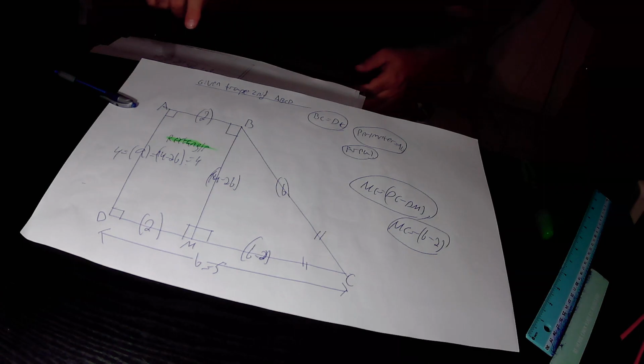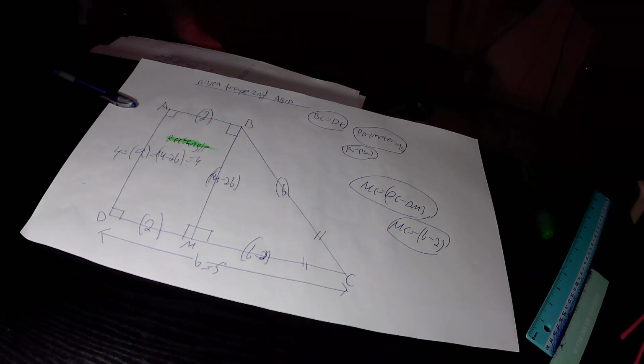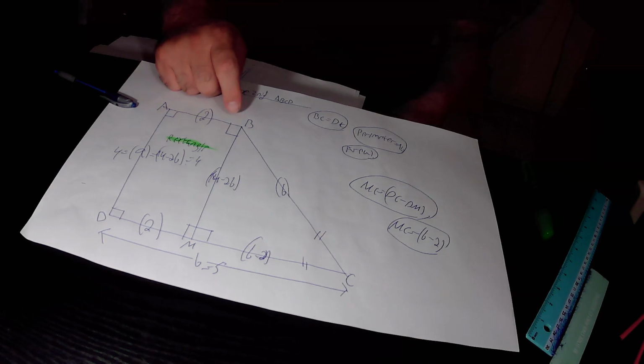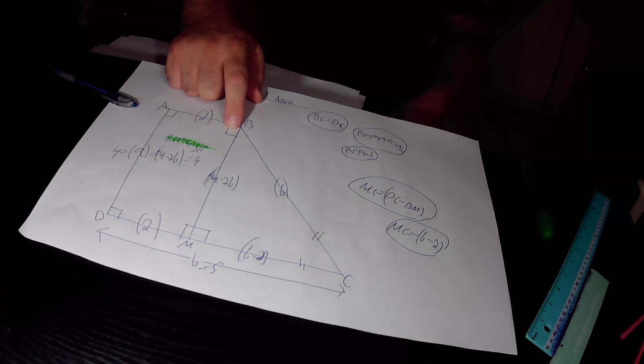Inside this quadrangle ABMD, we have 3 angles whose sum is 270 degrees. So 270 degrees plus the size of this fourth angle must equal 360 degrees, according to the rule that the sum of the angles in any quadrangle is 360 degrees. Therefore, this fourth angle must be equal to 90 degrees.